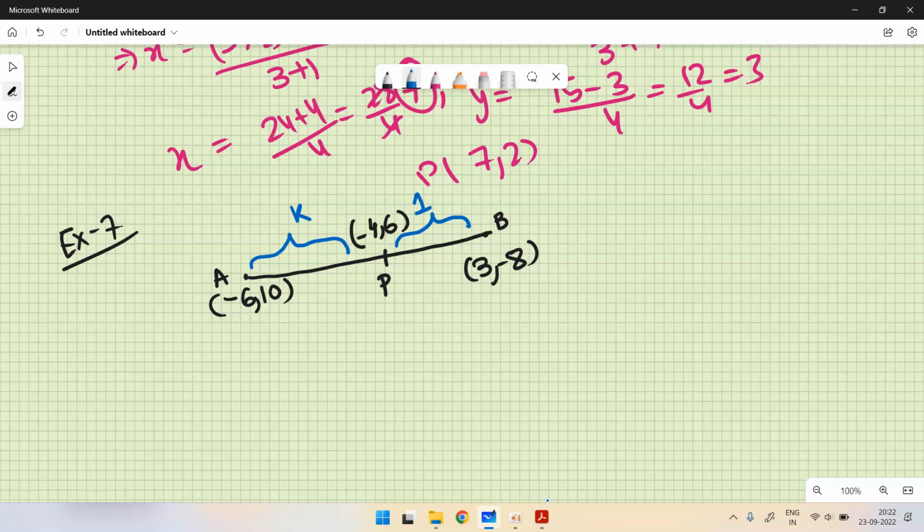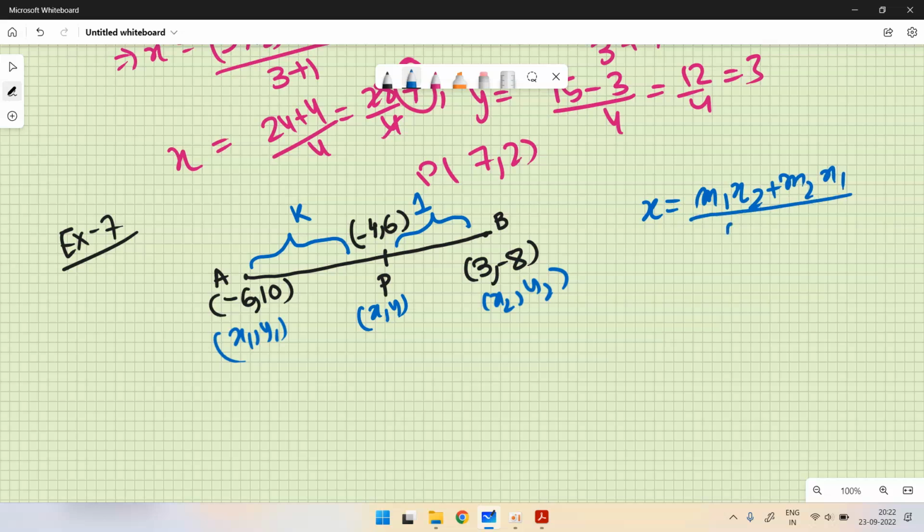Applying the formula, this is (x, y), this is (x1, y1), this is (x2, y2). What is x? x equals (m1 x2 + m2 x1) by (m1 + m2). Now x is -4. The ratio is k is to 1.